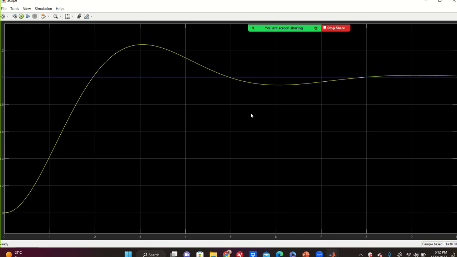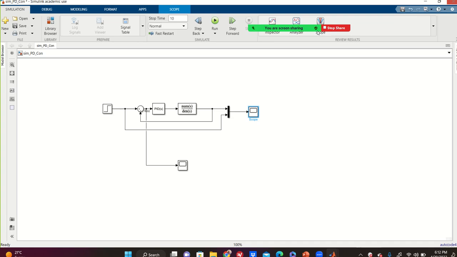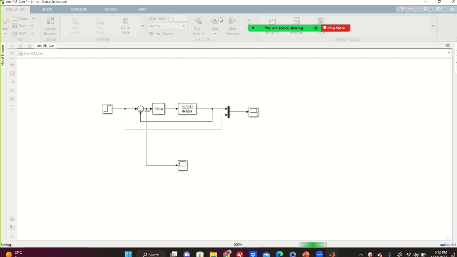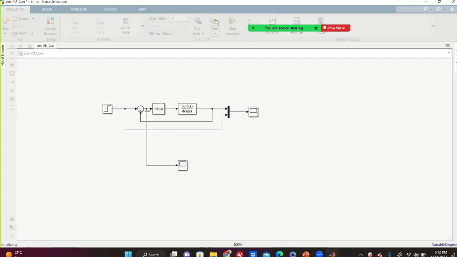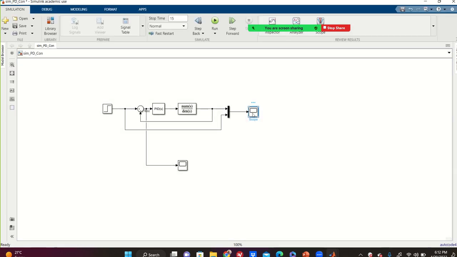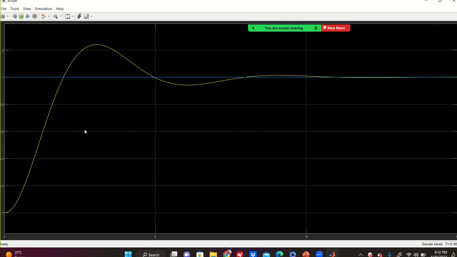It gave you an underdamped system and stable. Okay, so let me increase that time to 15. Here we go.